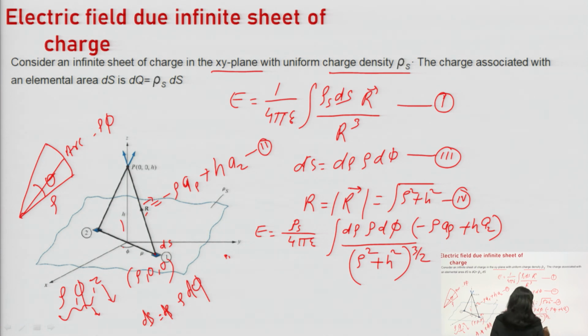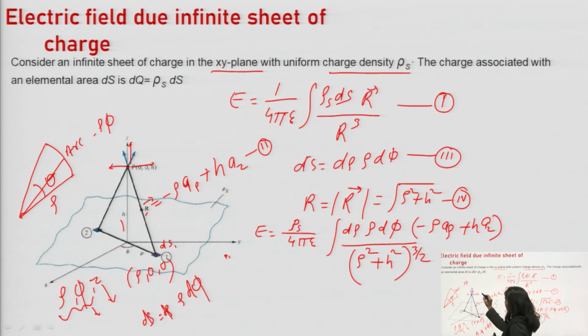In the next line we will not write the a_rho term, because as we explained in the previous problem, for this ds element placed at position 1, a similar element is there at position 2, which will contribute in building the electric field at point P. As we have two electric fields, again these will be resolved into vertical as well as horizontal components. We can see that all the horizontal components are cancelling each other.